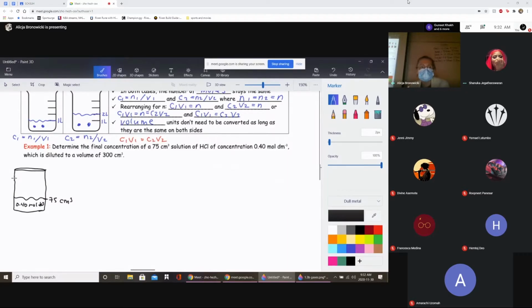I dilute this to 300 cubic centimeters. So I want to know my new concentration. My concentration is going to be smaller because I diluted it.